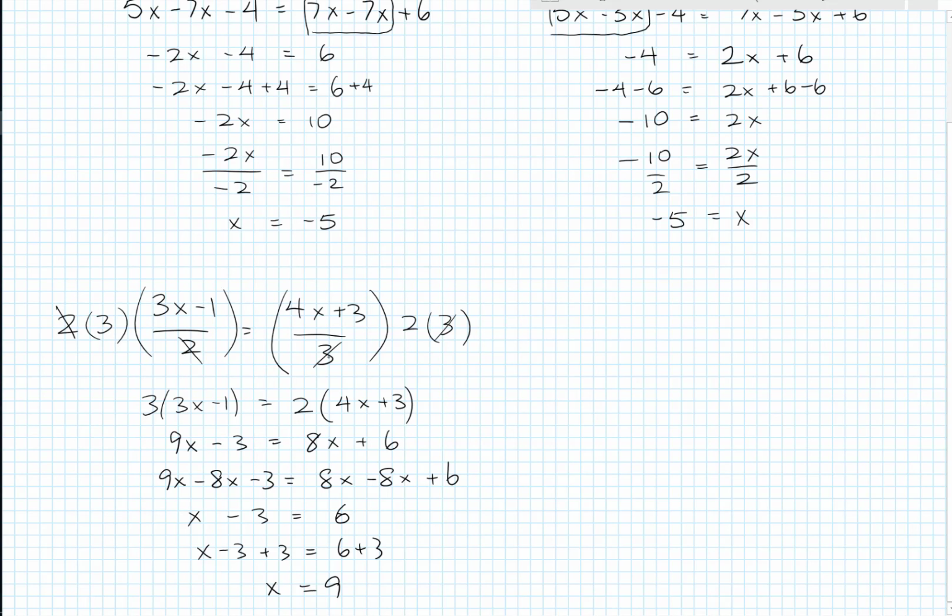Now, at this point, I want to suggest that after you've done these sorts of equations a number of times, there are some steps that you can not really leave out, but not necessarily write down. And all of these steps you should think of as a form of communication.